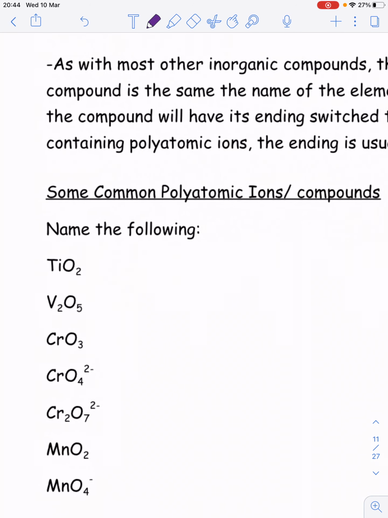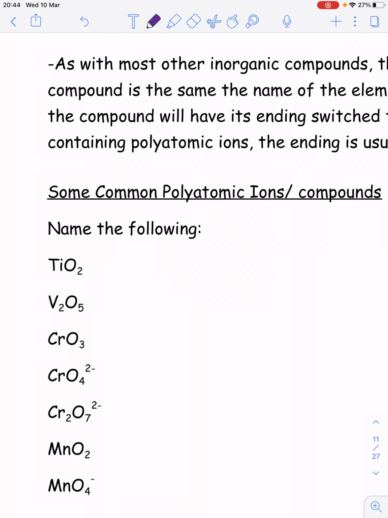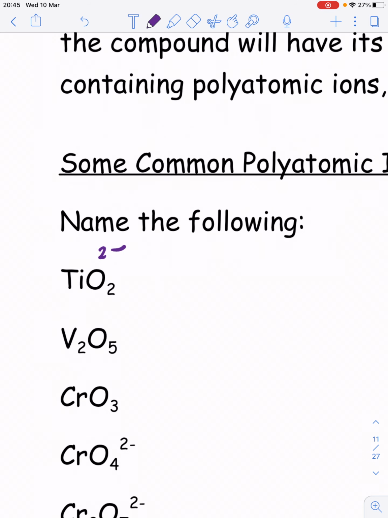For example, in this first compound, since we know oxygen forms a 2- ion, when there's 2 of them, there's 4 minuses being balanced by this 1 titanium, and therefore titanium must be 4+ or +4. So when we name it, we would say titanium IV oxide.